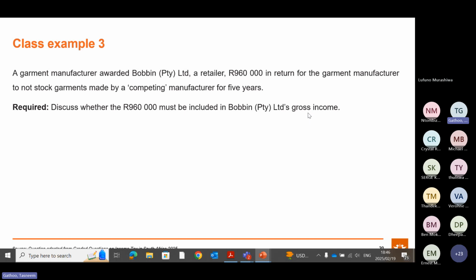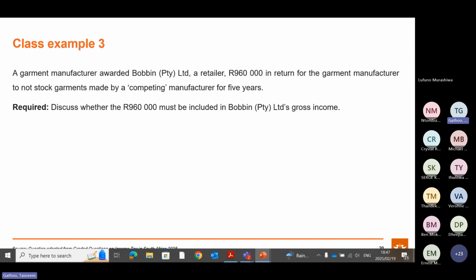So what I would expect here is for you to identify what type of payment this is. We're speaking about a payment made from one person to another person to not do something. Remember, paragraph C of the gross income definition spoke about amounts paid for services rendered, but paragraph C(a) and paragraph C(b) spoke about payments made for not rendering the service.